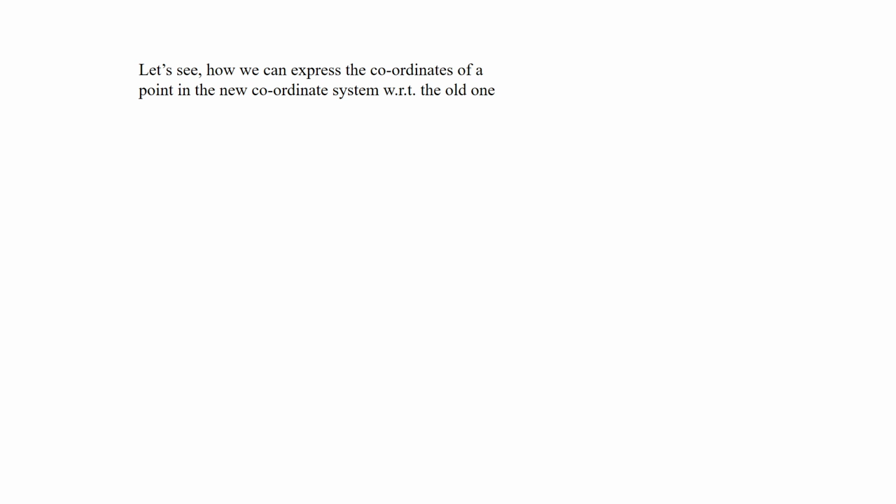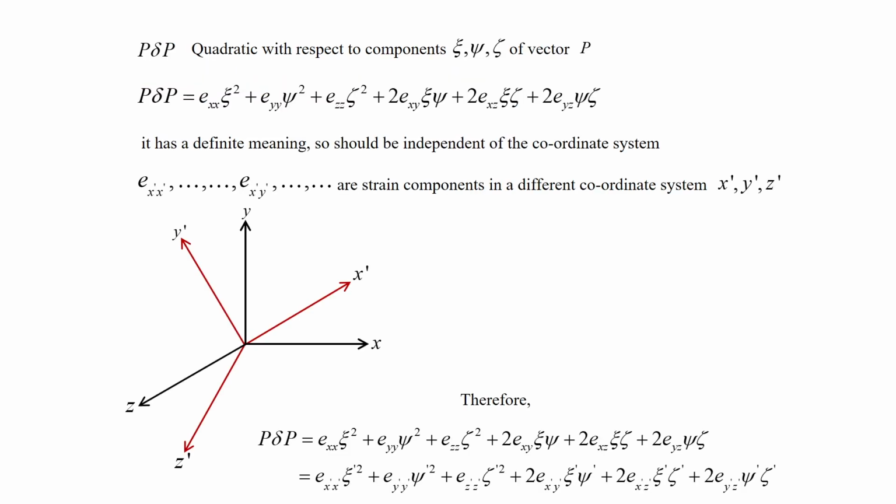So, we can actually express xi', psi' and zeta' in terms of xi, psi and zeta, and in order to do that we need to know how x', y' and z' are oriented with respect to x, y and z.